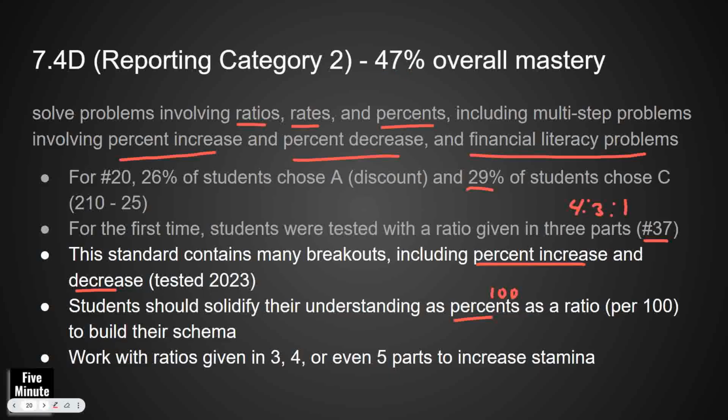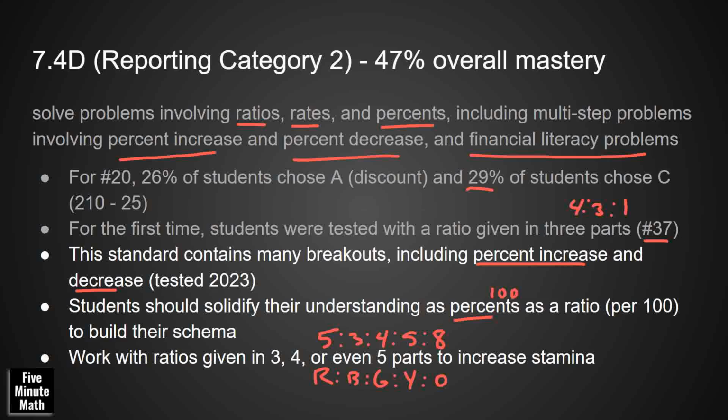And then we need to work with ratios given in 3, 4, or even 5 parts to increase their stamina, right? So there's nothing that says that we can't see a ratio like this. Let's just come up with 5 different colors of marbles, right? 5 red to 3 black to 4 green to 5 yellow to 8 orange.